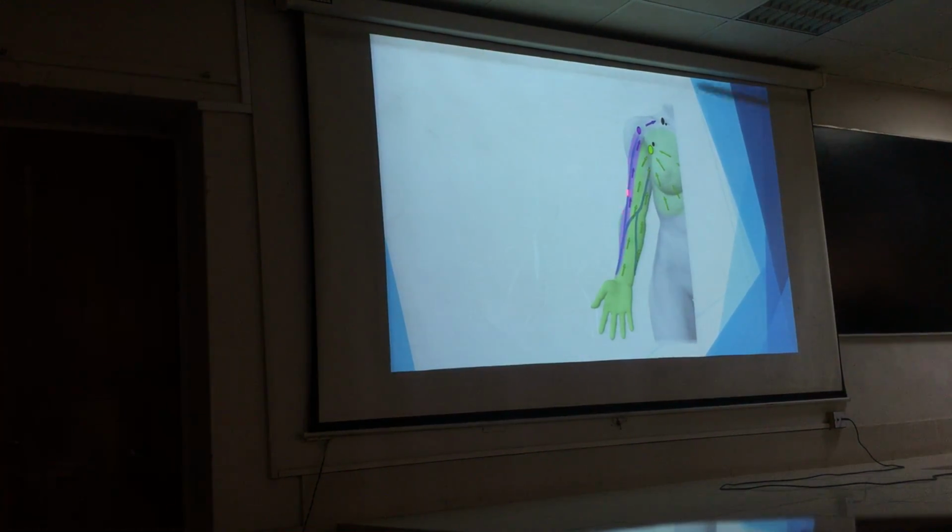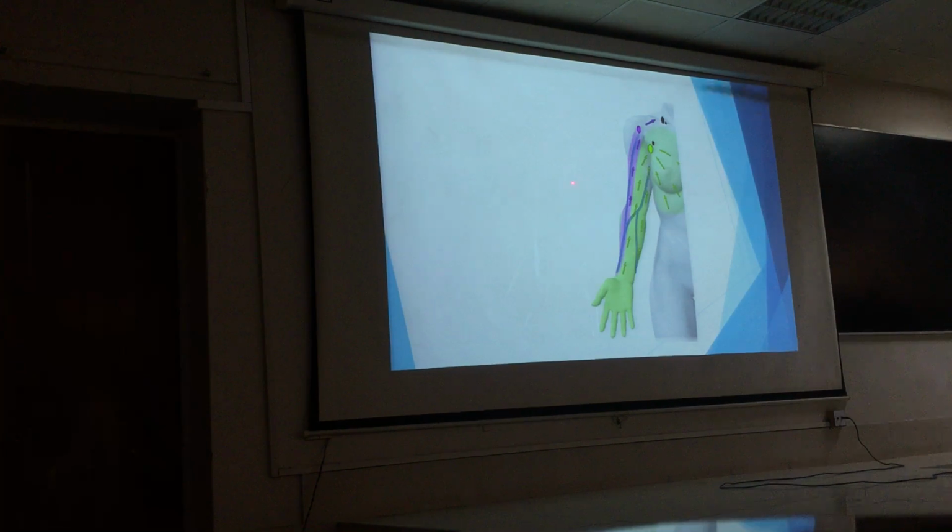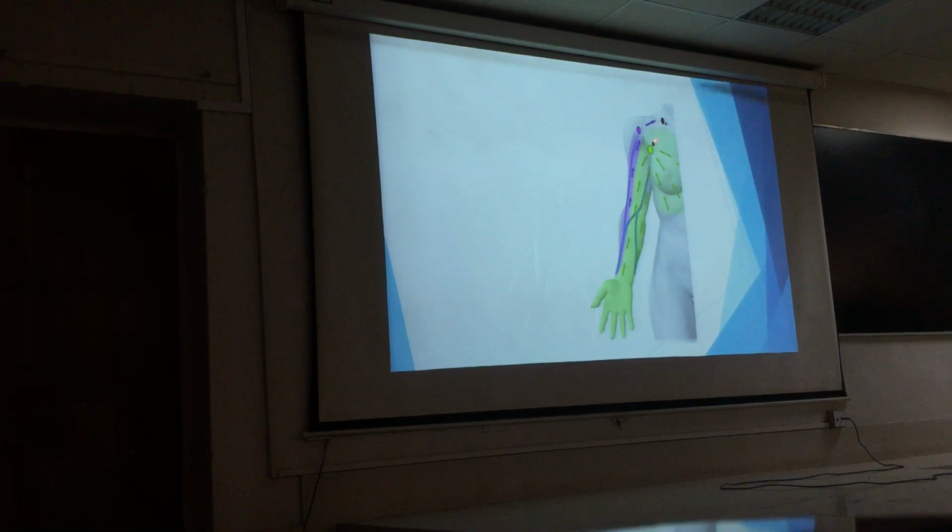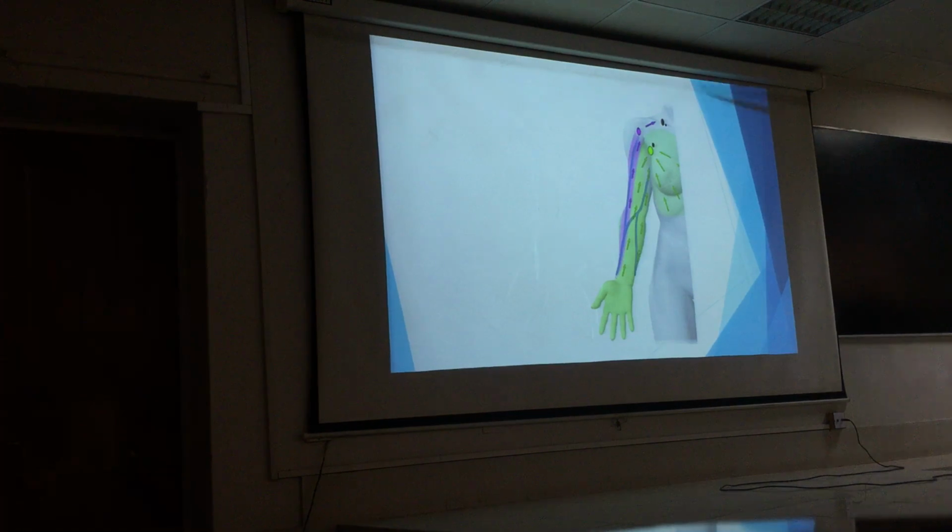Over here, the cephalic vein is lying on the lateral side, and the lymphatic vessels cross the arm and the shoulder, and they drain either into the infraclavicular or the apical group of the axillary lymph nodes, or the deltopectoral lymph nodes, but that is a very minor percentage. The majority drains into the apical group of axillary lymph nodes.